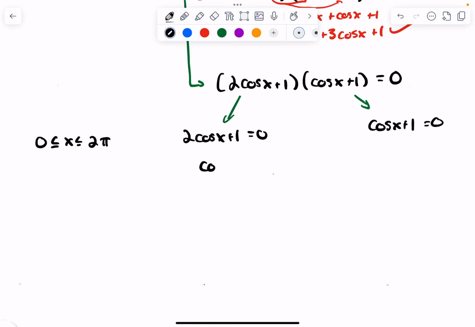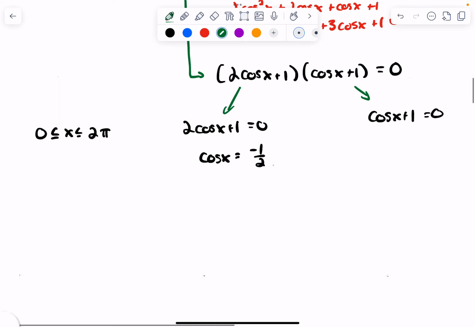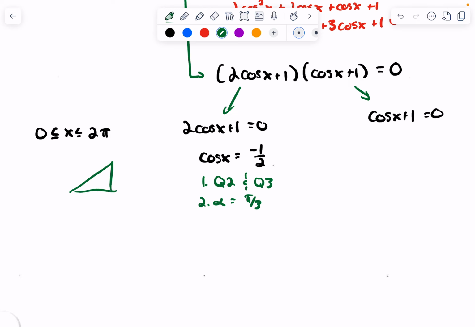So rearrange. That's cos x being negative 1/2. Well, 2 parts to that, right? Part 1 is saying when is it negative? Well, cos is negative in quadrant 2 and quadrant 3. And what alpha would give me that ratio? Well, that ratio would then have to be pi over 3, right? Like your triangle. Pi over 3 would result in this being 1 and this being 2.